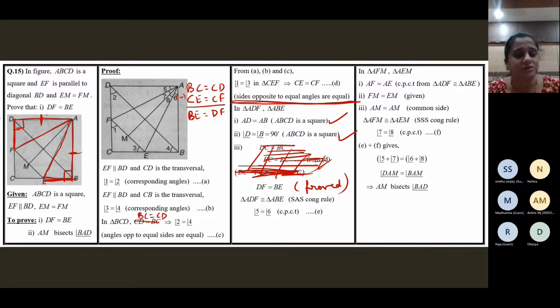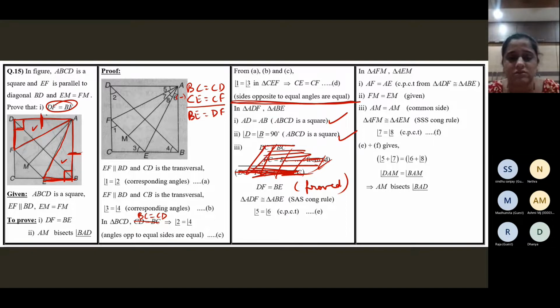Children, I repeat the information. Take up these two triangles. AD is equal to AB, sides of the square are equal. 90 degrees, every corner of a square is a right angle. And then DF is equal to BE, which we already proved in one.